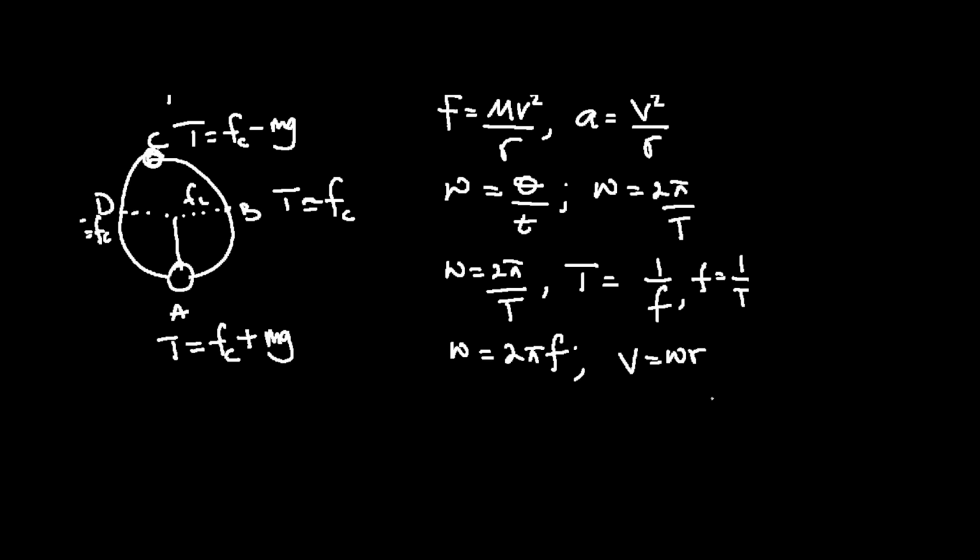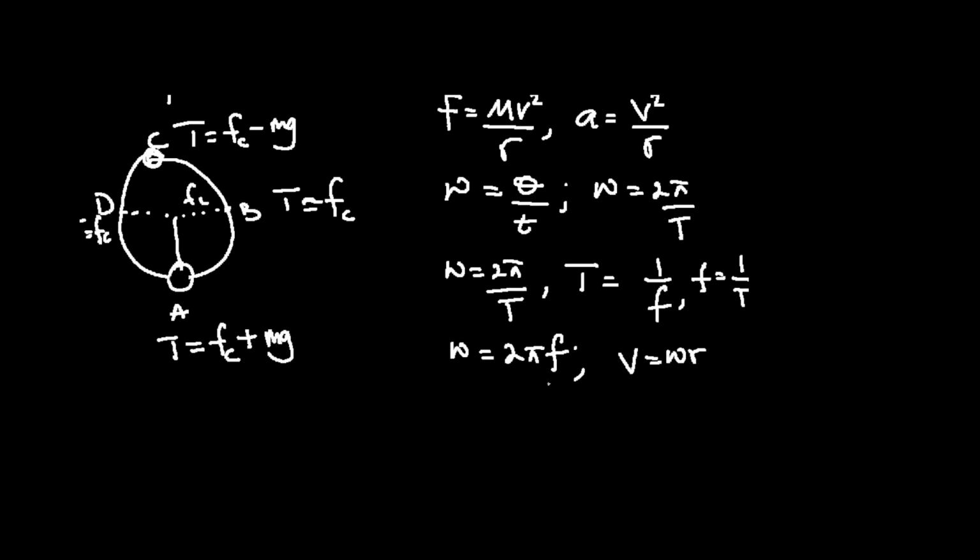Let me try and figure it out. I think linear velocity is given as omega r. Yeah, it is omega r.